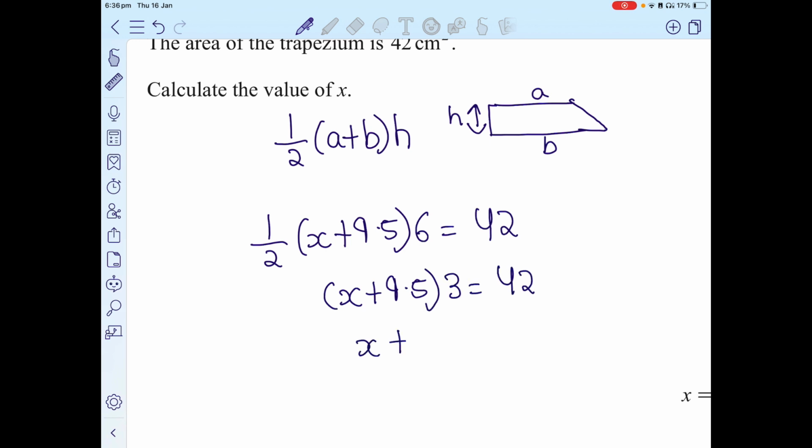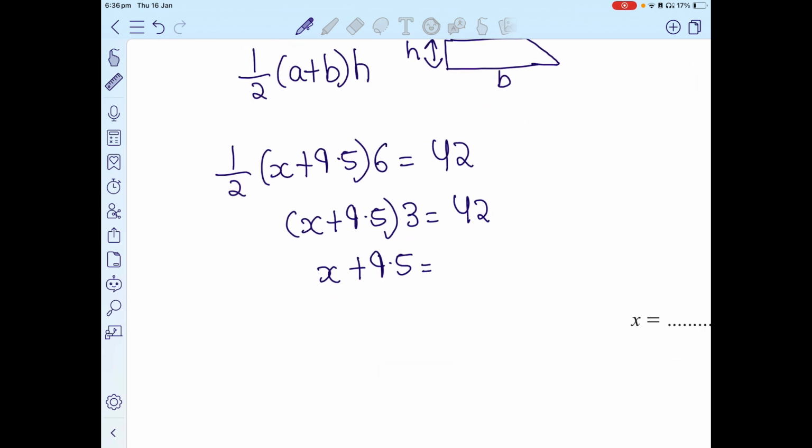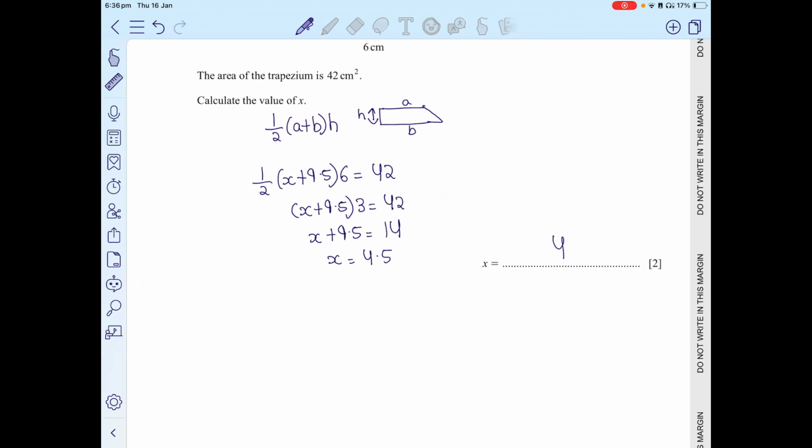So x plus 9.5 should be equivalent to 42 divided by 3, that is 14, because 14, 28, 42. So x is going to be 14 minus 9.5, which is equivalent to 4.5. So therefore you get x as 4.5 without using the calculator.